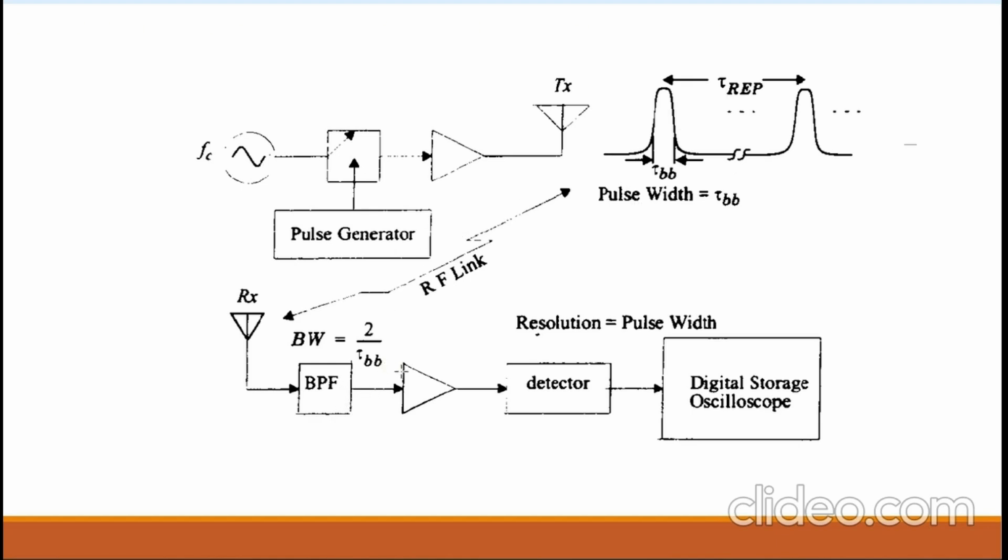After the band pass filter, it is amplified, and envelope detection is used as the detector. The DSO is used to view the detected signal. Its resolution is the pulse width tau BB, fixed at the DSO for proper visualization of the transmitted pulse.